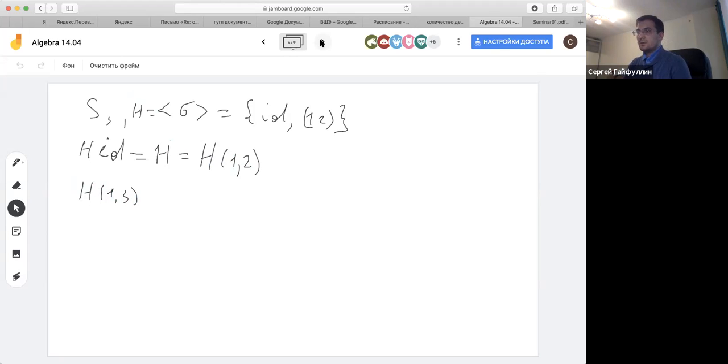I just take one of the elements from S3 which doesn't belong to this coset. Okay, let's try to understand what elements are here. 1, 3, of course. And the second one is 1, 2 multiplied by 1, 3 from the left.